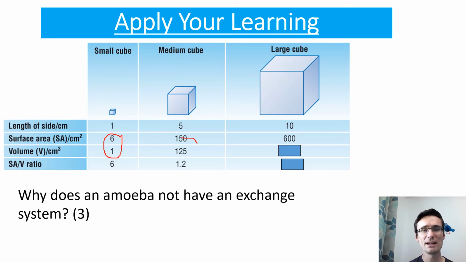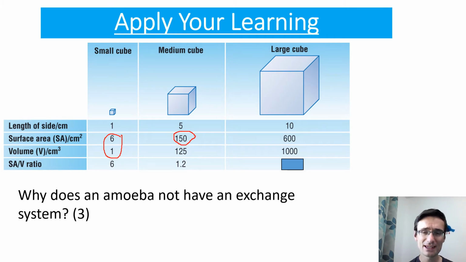So the surface area of one side is going to be 5 times 5, which is 25, times 6, one for each side, which is going to equal 150. And then 5 times 5 times 5, the 5 cubed to work out the volume, is going to equal 125. So 150 divided by 125 is 1.2.